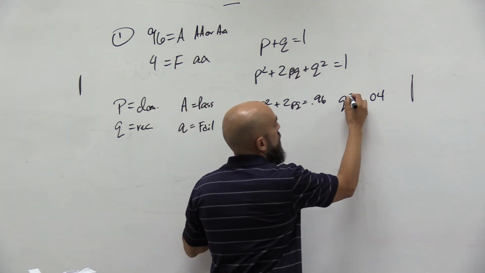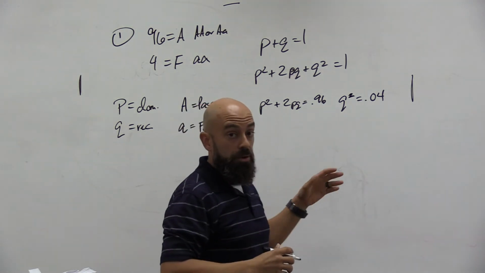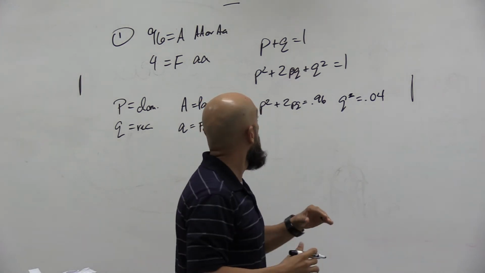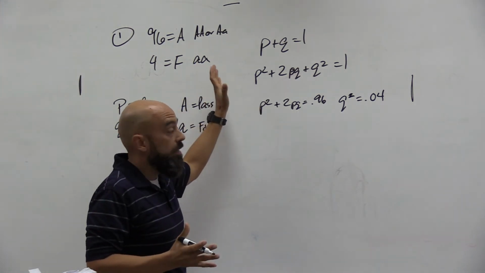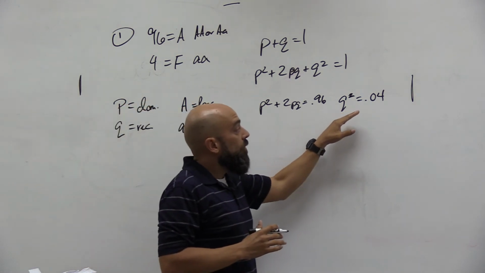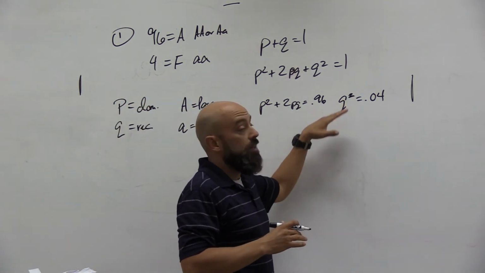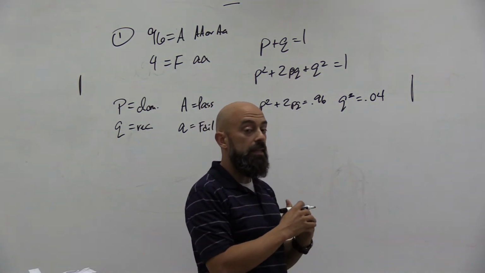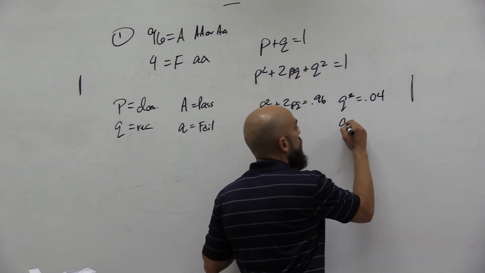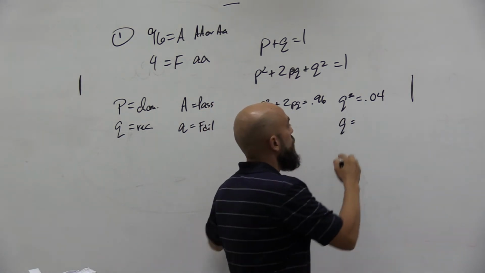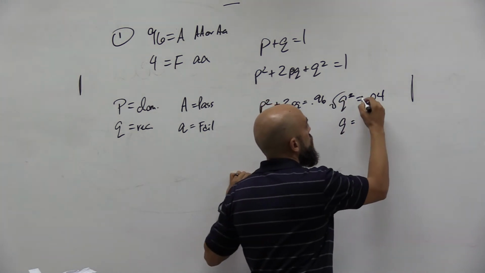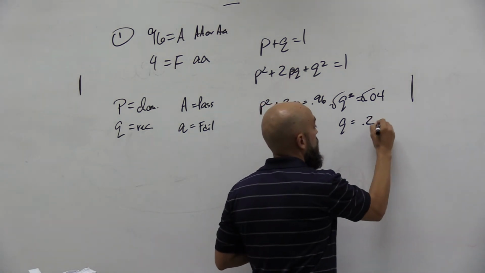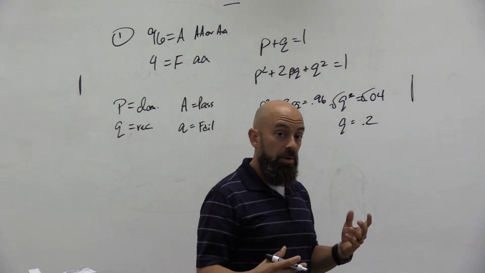So Q squared equals 0.04. Remember, that is my homozygous recessive genotype, little a, little a. We're all talking about the same thing, the recessive phenotype. I want to get Q. Remember, Q and Q squared are not the same thing. Q squared is little a, little a, while Q is just how many little a alleles exist at all. To get Q all by itself, I take the square root of Q squared, which is Q, and the square root of 0.04, which is 0.2.